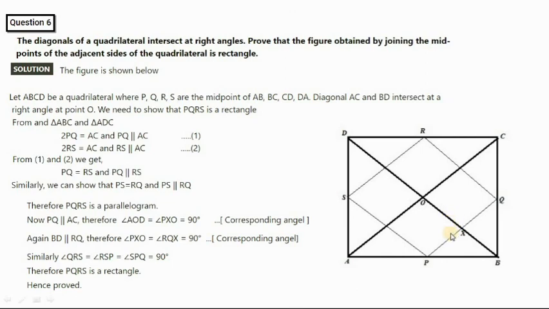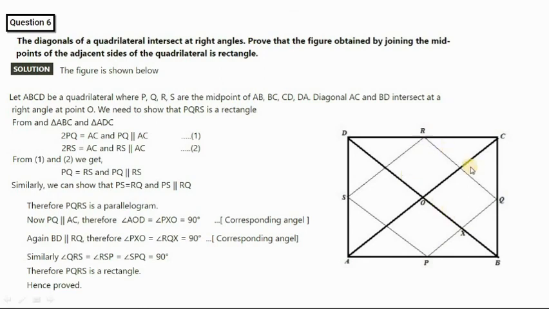Now again we have BD parallel to RQ, right? Let us see where is BD. BD is parallel to RQ. Now if this happens, then line PQ is acting like a transversal. See carefully, this line and this line are parallel, and PQ is acting like a transversal because it is cutting both the parallel lines.